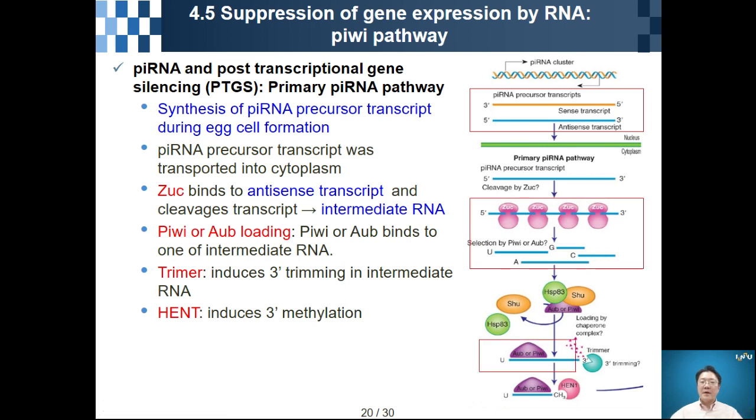After that, PIWI or AUB binds to one of the intermediate RNAs. After that, Trimmer induces 3' trimming of the intermediate RNA. And finally, HEN1 induces 3' methylation. So what is the main function of Trimmer and HEN1?